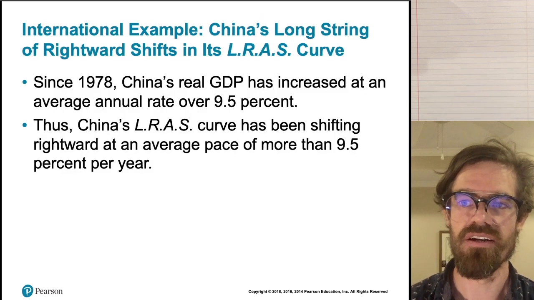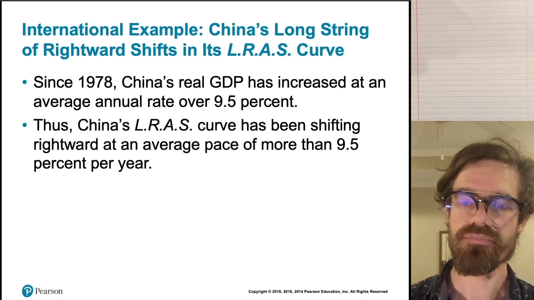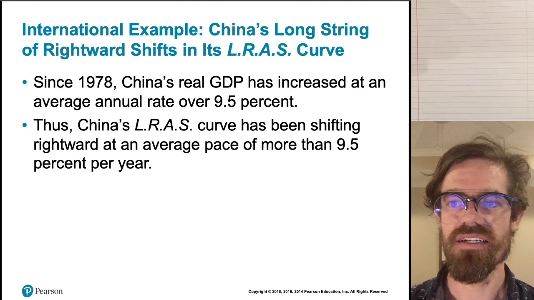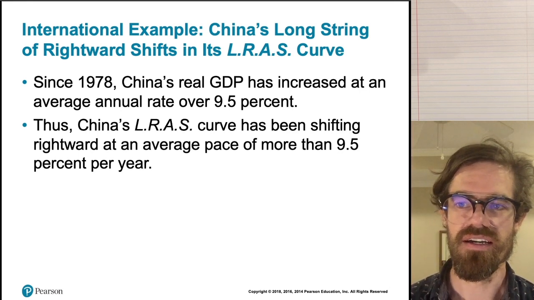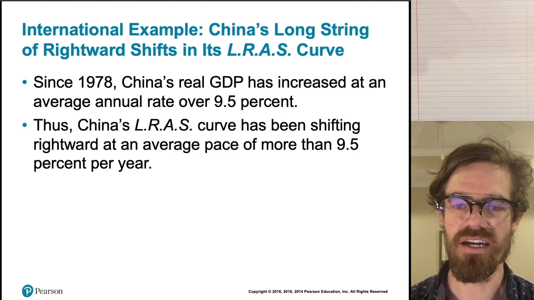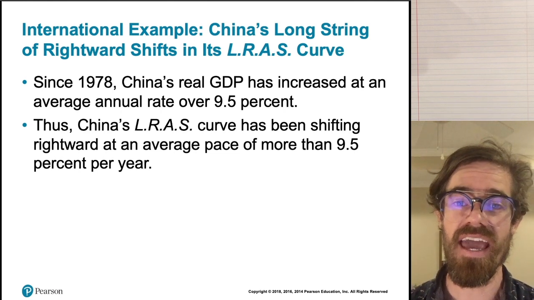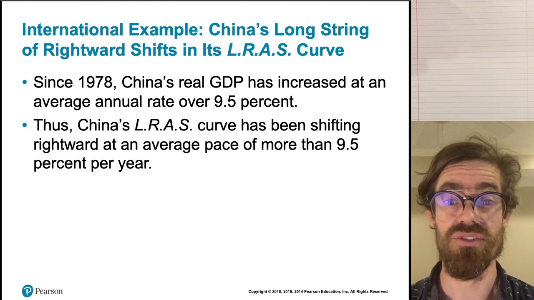So let's think about an international real-life example regarding long-run aggregate supply. China's long string of rightward shifts in long-run aggregate supply curves since 1978 have allowed it to expand its economy at an average annual rate of over 9.5%, which is huge.